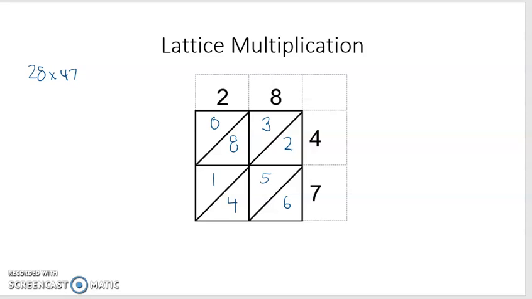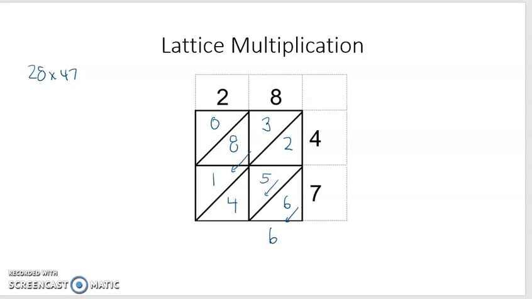Then you add along the diagonals. And we're in base 10, so we'll add in base 10. So 6 plus 0 is just 6.